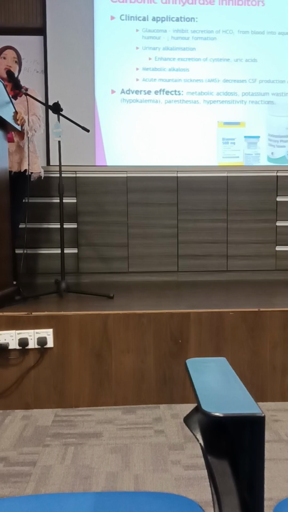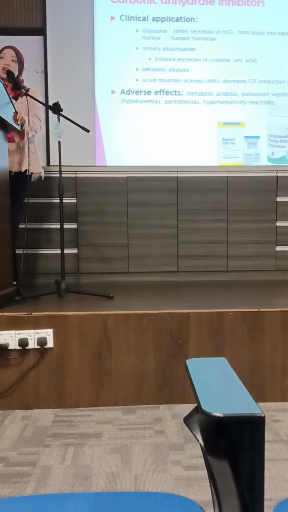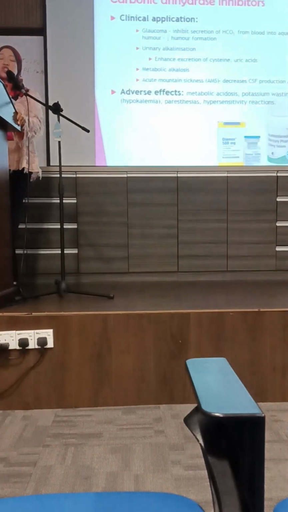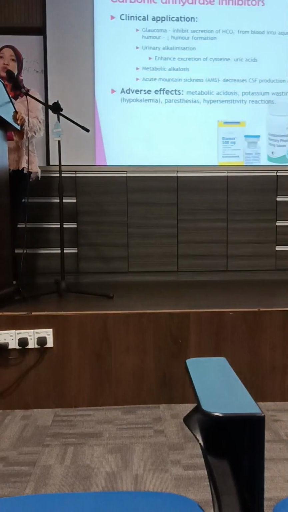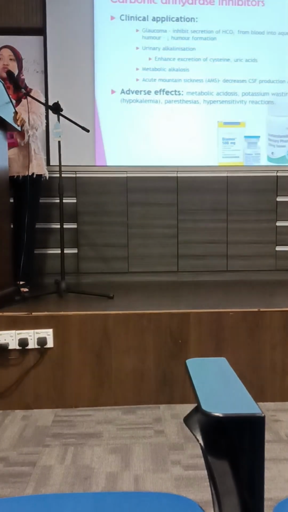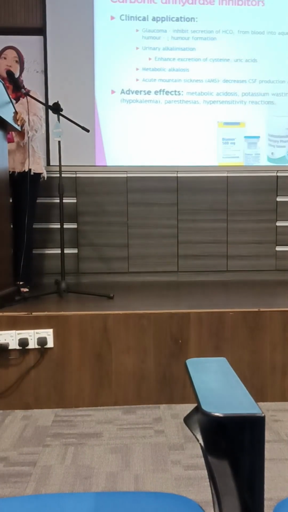So in this kind of people, we can give a carbonic anhydrase inhibitor to make the urine more alkaline. So when the urine is more alkaline, this will enhance the excretion of the kidney stones and enhance the excretion of cysteine, uric acid, all of that.